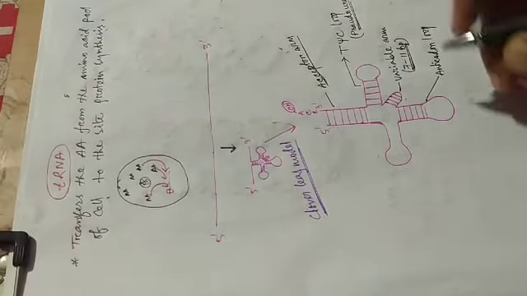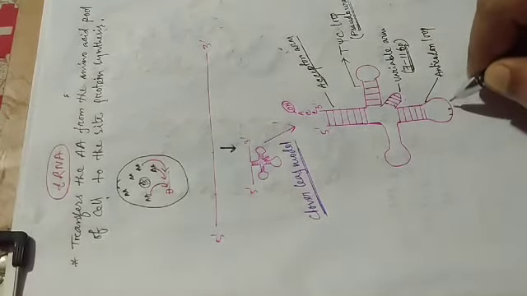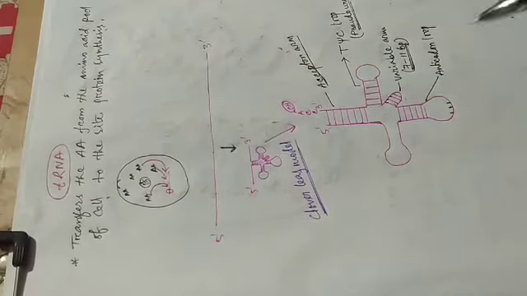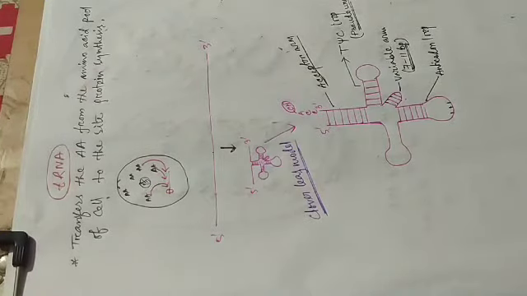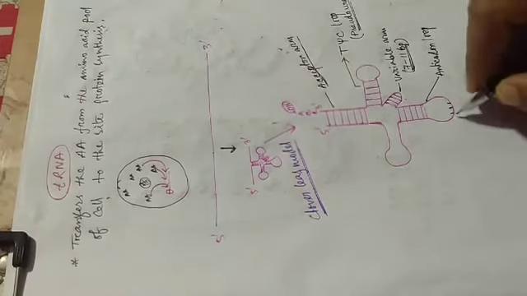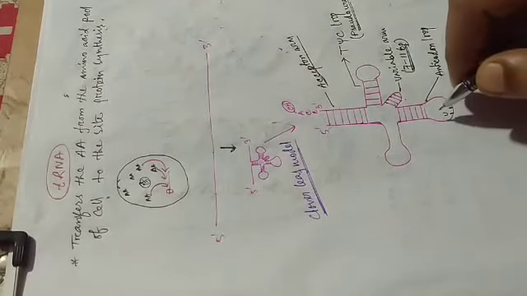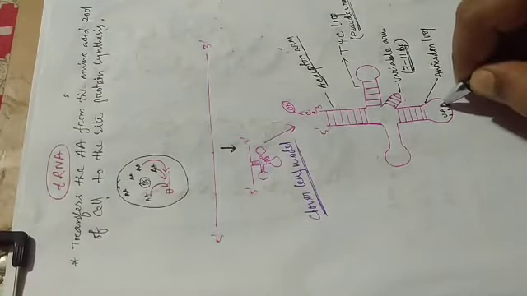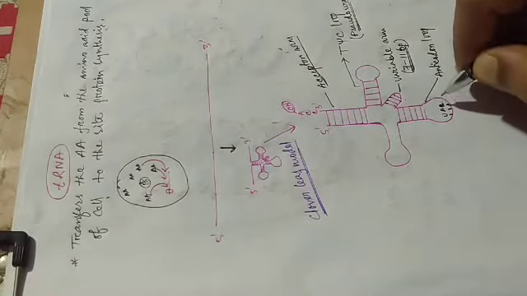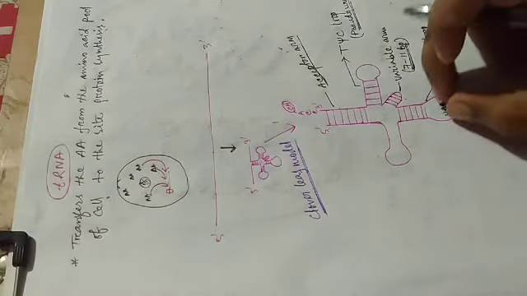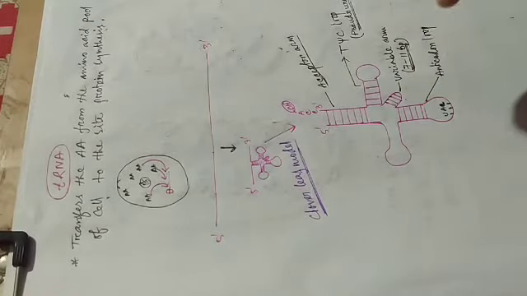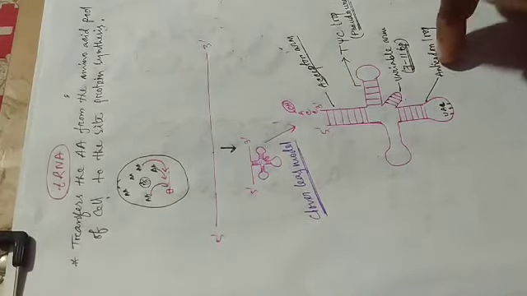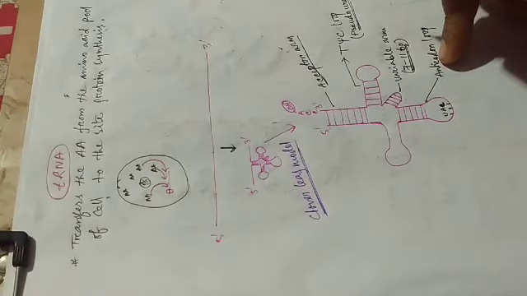Because it contains 3 free nitrogen bases, meaning an anticodon. For example, the initiation codon of mRNA is AUG. So here U A C, which are complementary to the AUG bases. So this is called the anticodon, and for the presence of the anticodon, this arm is called the anticodon arm or anticodon loop.